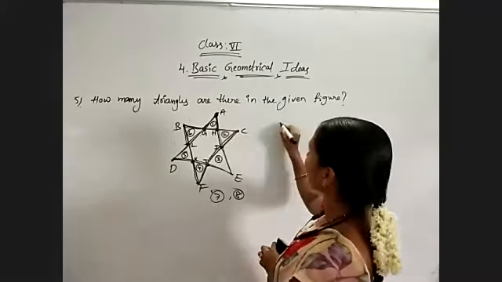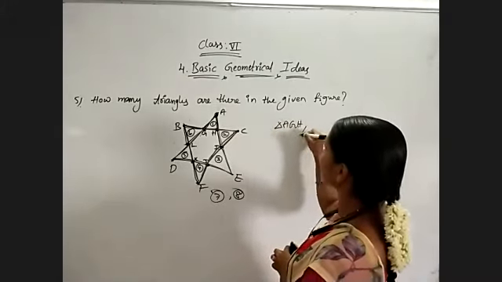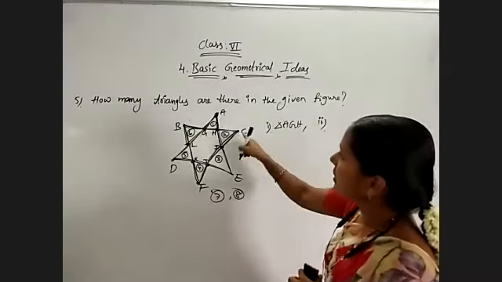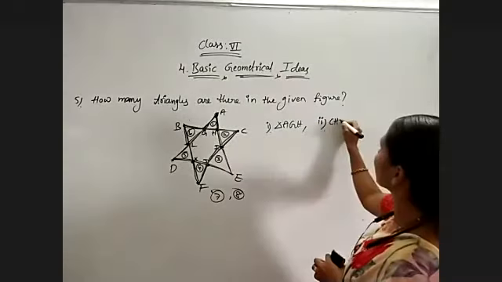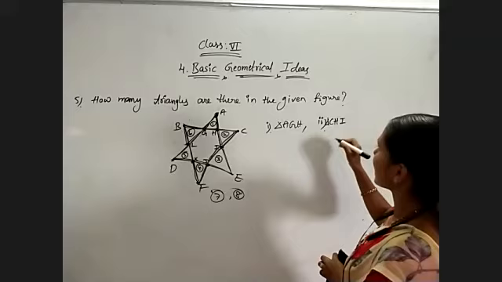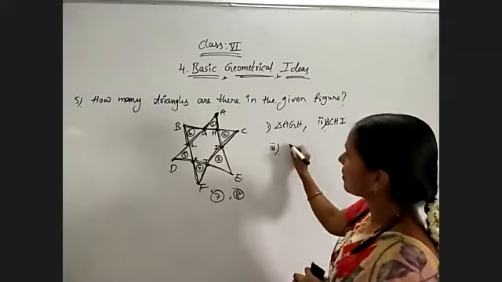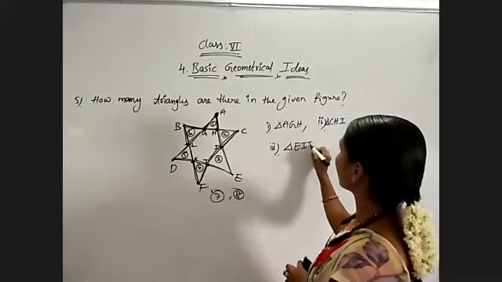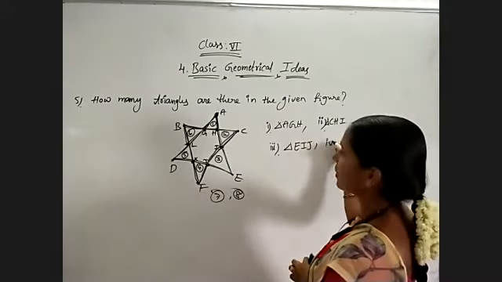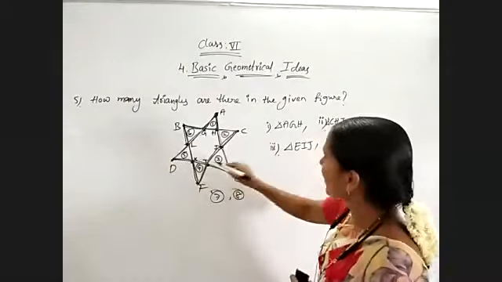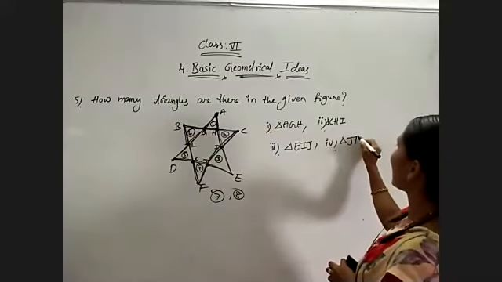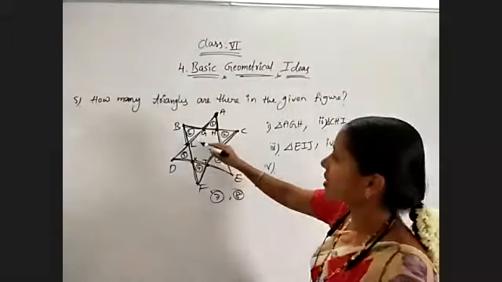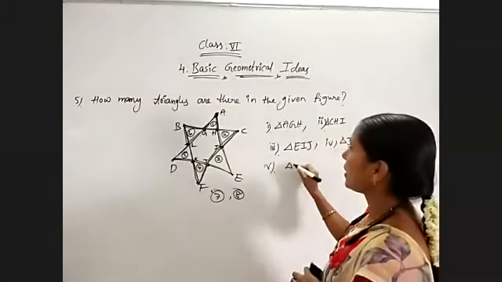Triangle 1, I have given the name triangle AGH. This is my first triangle. And second triangle is CHI. And third one is triangle EIJ. And fourth one, triangle JFK. And fifth one is KDL, otherwise LKD, whatever. Triangle LDK.